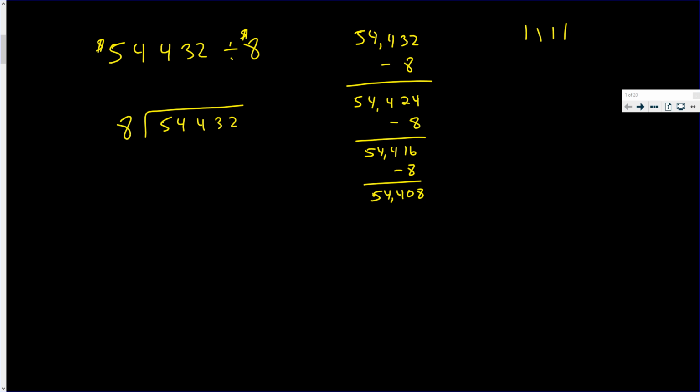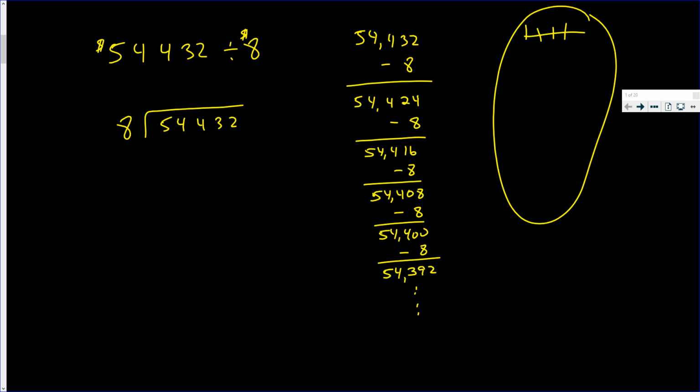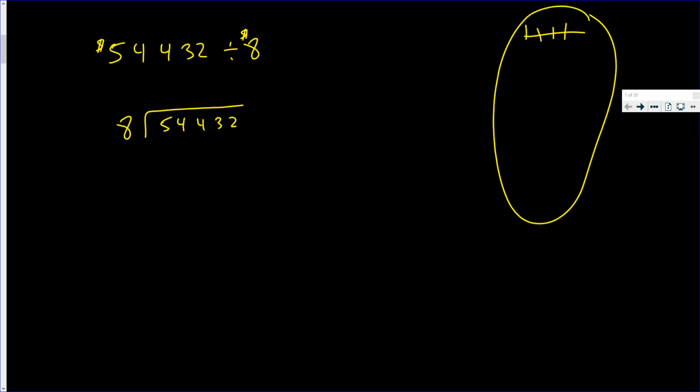I'll take away another 8, I'll have 54,400. 1, 2, 3, 4, took away 5 8s. Once I finish this, I'll have 54,392. And I keep doing this, and then in the end, I count how many 8s I took away. That's what's going on. How many 8s can you take away from 54,432?